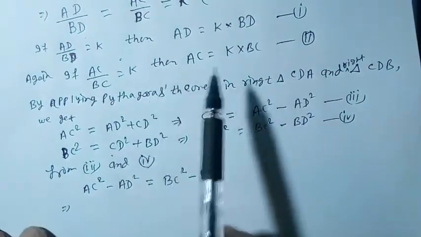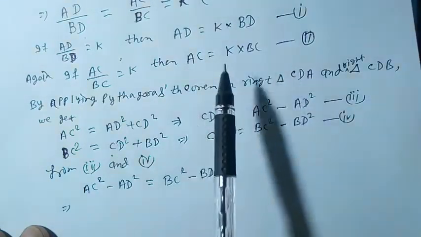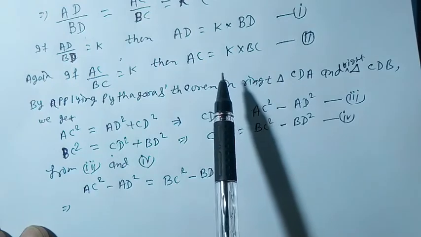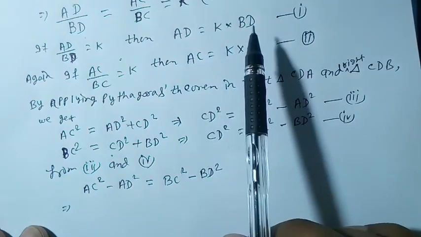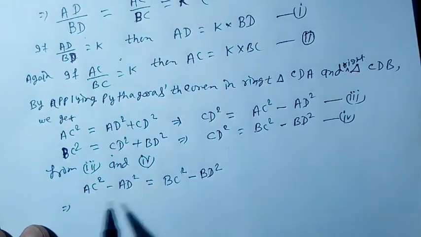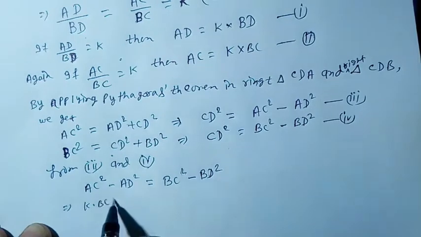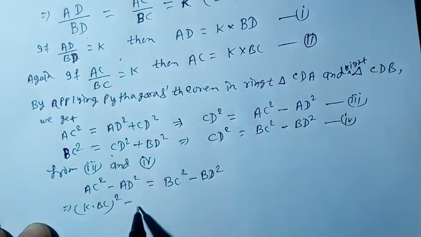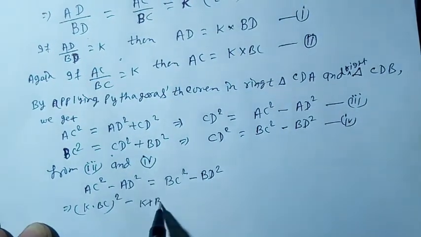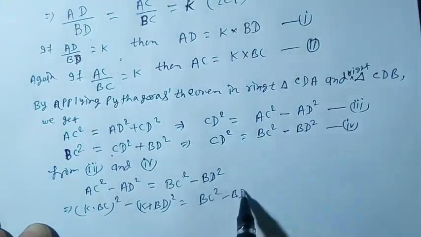Here in equation 2, AC is equal to K BC and AD is equal to K BD. So I am putting the value of AC and AD in here. K BC whole square minus K into BD whole square is equal to BC square minus BD square.